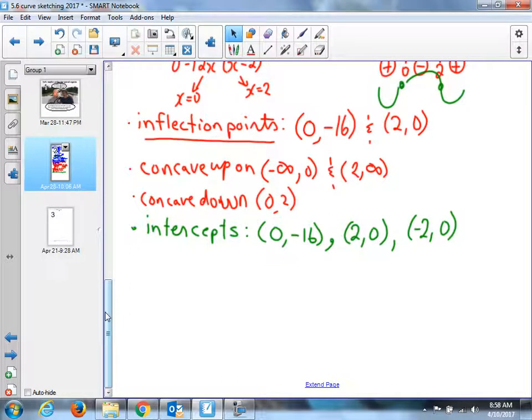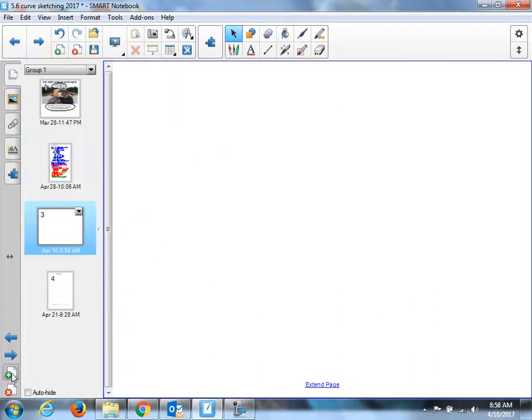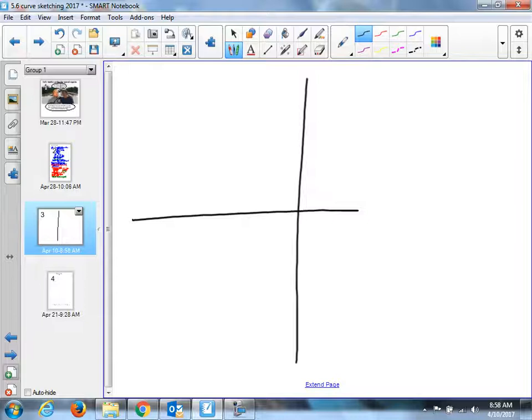Now to throw this whole thing together as a graph, I'm going to just put it on another page here. Now we do a careful sketch. That means you're careful where your x values are, but it does not have to be drawn to scale, if you follow.